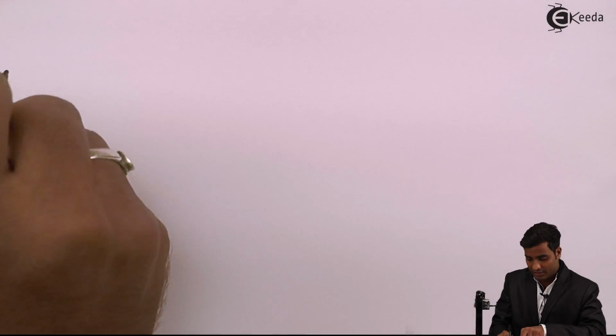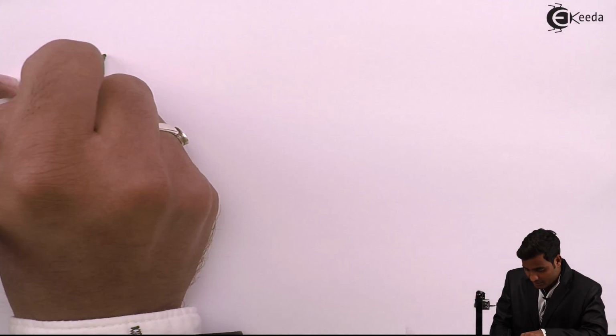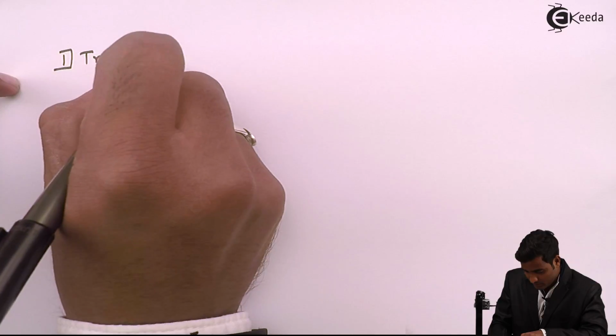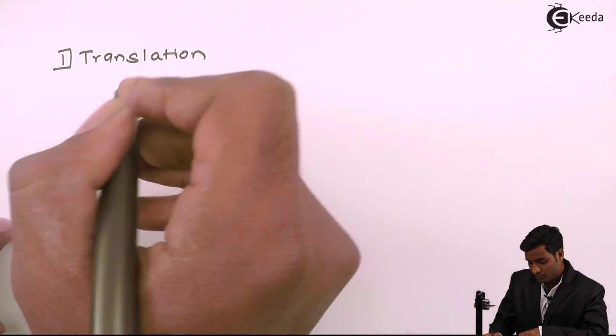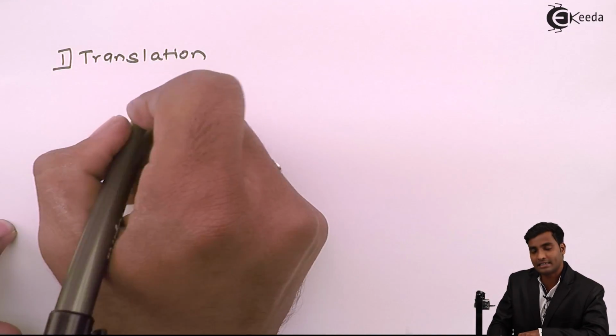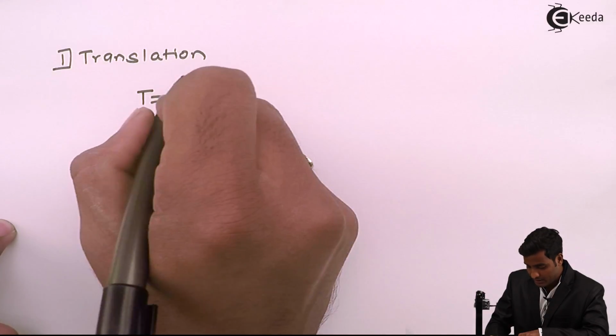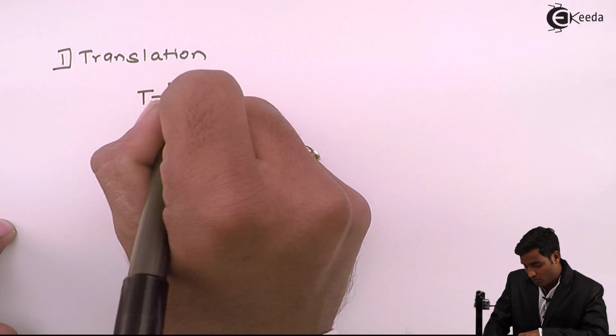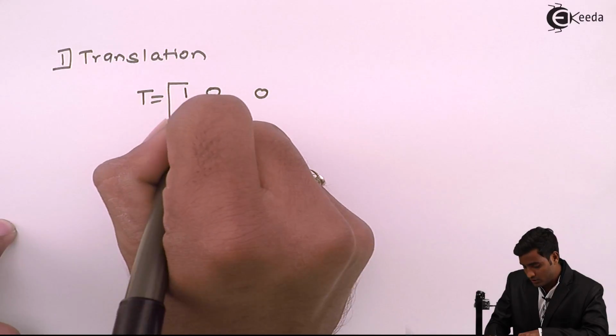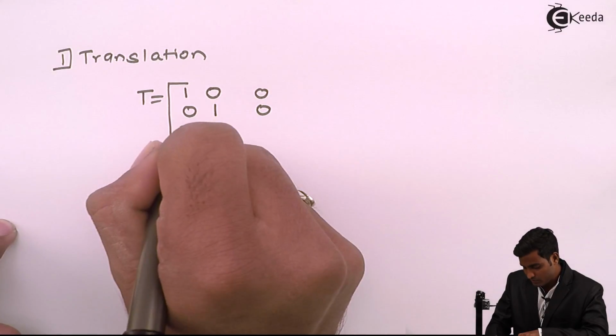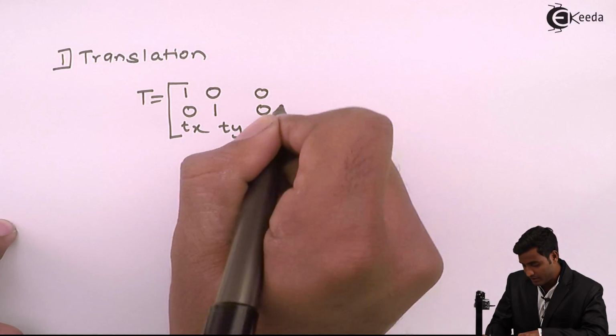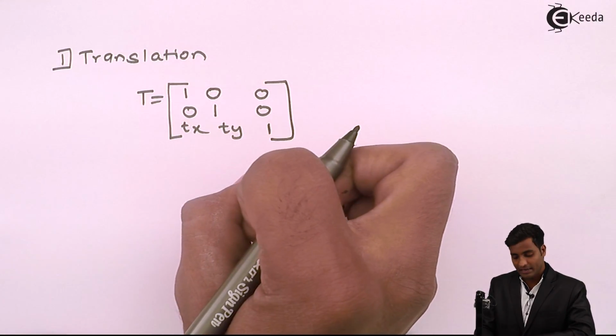So first we will start with translation. The standard translation matrix T is 1 0 0, 0 1 0, Tx Ty 1.